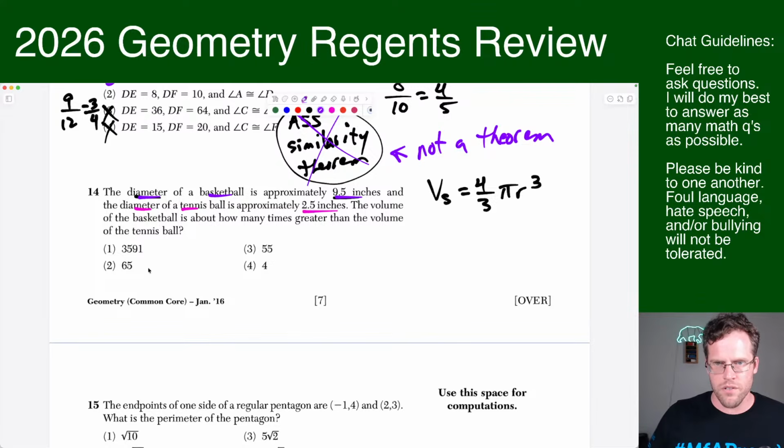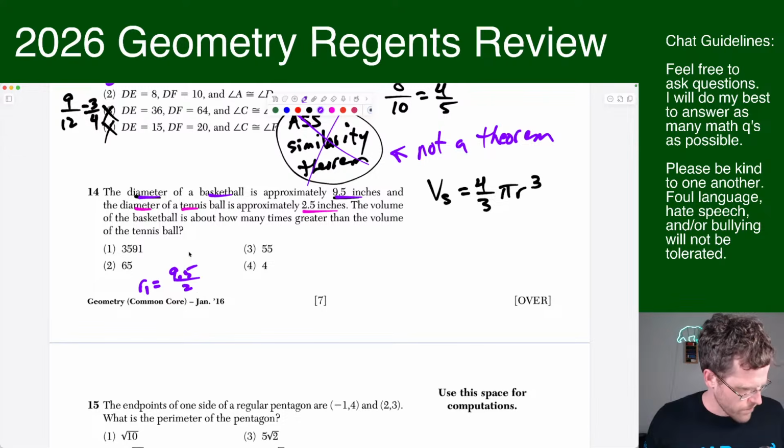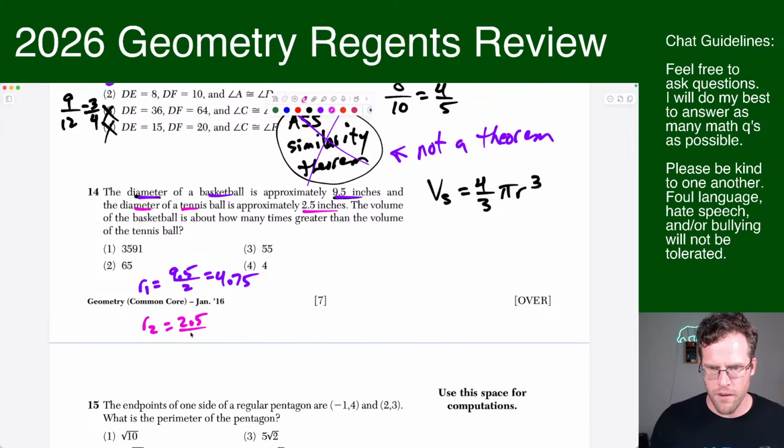So what you want to do is say, all right, the first radius is 9.5 divided by 2, which is 4.75. And then the second radius is 2.5 divided by 2, which is 1.25. If you want to see how many times greater, you just divide the bigger ball, the basketball, by the tennis ball.